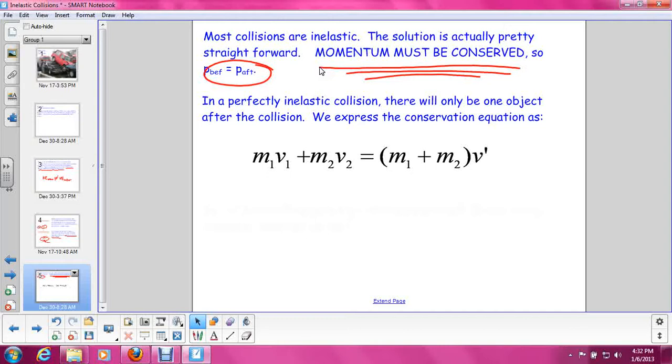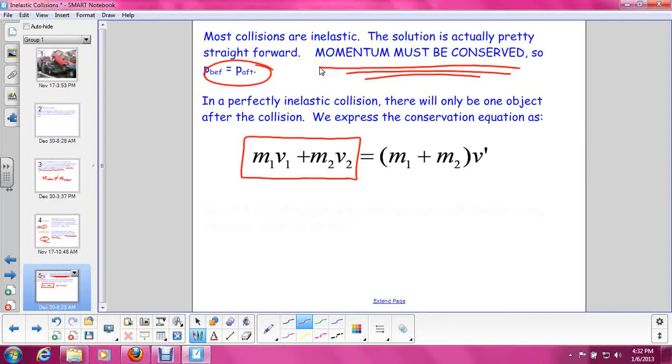This equation is the same as the conservation of momentum equation in the previous video. This beginning part on the left is actually exactly the same. We have the momentum of object 1, which is mass times velocity, m1 v1, and then we have to add that to the momentum of object 2, mass times velocity, m2 v2.